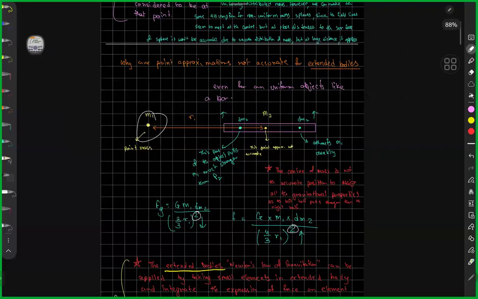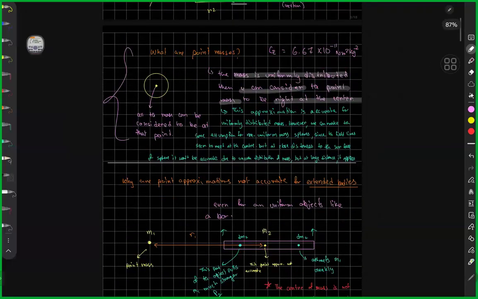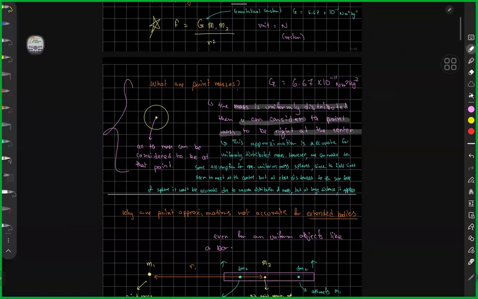But my point was, this point mass approximation is only valid for perfect spheres. But we can assume it for non-uniform spheres as well. Why? Because we're talking about large distances, large separation, right? When we're talking about planets, what's the distance we're talking about? Really big, right?